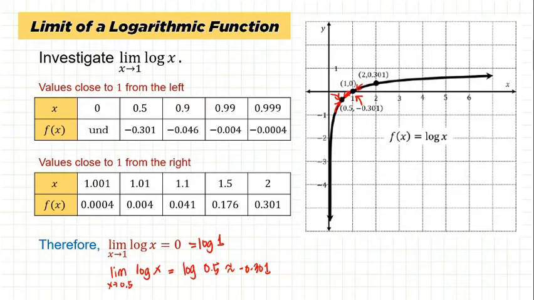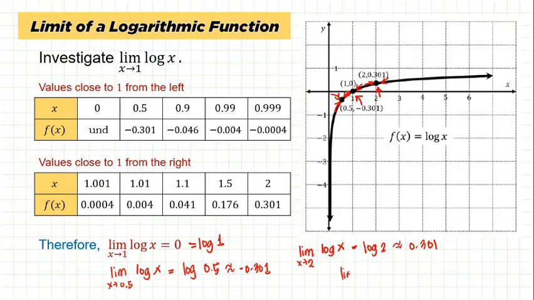We also have the limit of log of x as x approaches 2 is just the same as the value of the function at x equal to 2, and that is log of 2, which is approximately equal to 0.301. Now, how about when x approaches 0?